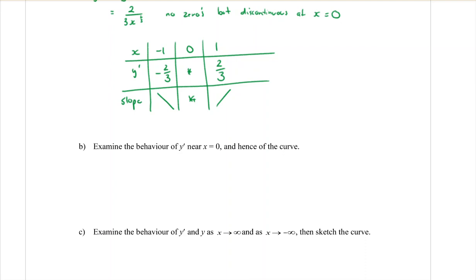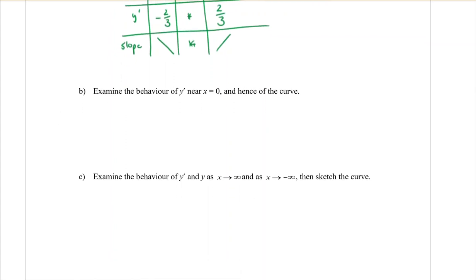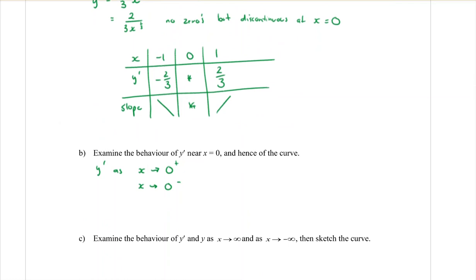Examine the behavior of the gradient near x equals 0. Okay, we want to see what's happening a bit more. So y dash, as x is approaching 0 on the plus side and as x is approaching 0 on the negative side. So when I put it into the table before, on the negative side, my gradient was negative, which means y dash is going to be approaching negative infinity.